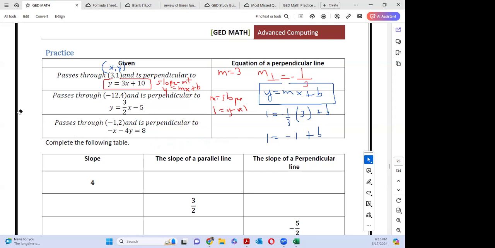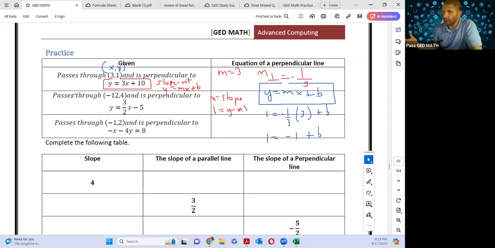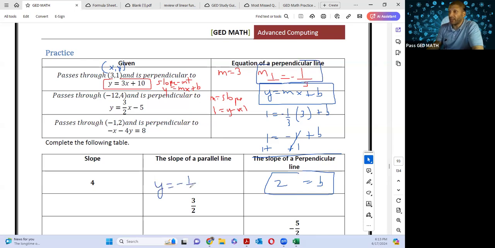Use your calculator. I wouldn't even take the chance. So in order to get b by itself, we have to add 1 to both sides. So b is equal to 2. So we got the y-intercept, because remember, b stands for the y-intercept. We already found the slope, which was negative 1/3. So the equation is y equal negative 1/3 x plus 2.